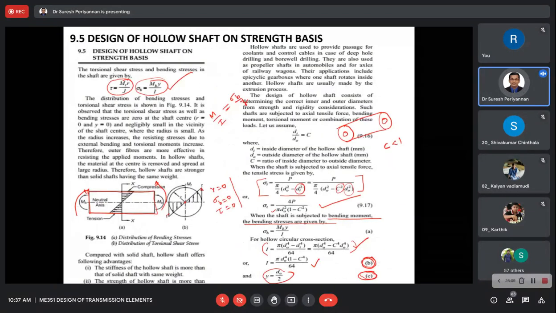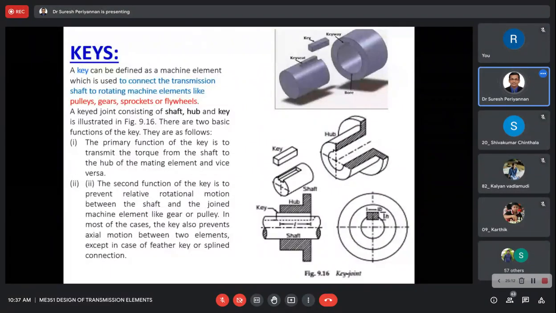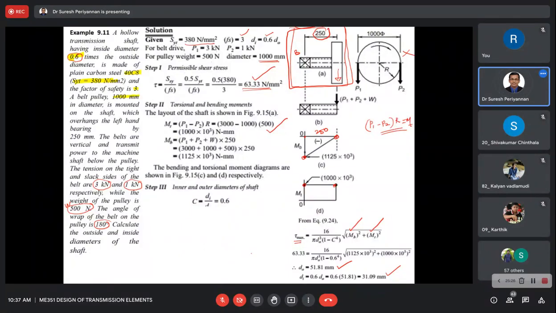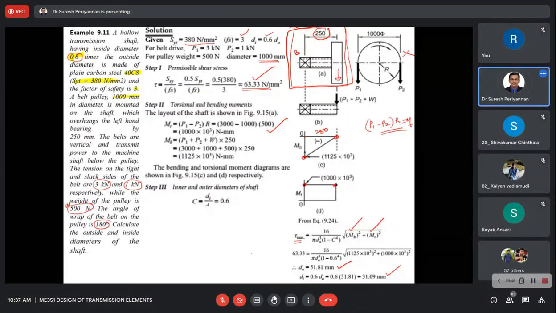Now I come to the next topic, keys. Before entering into keys, I ask you: can you give me an example of where we use keys? In a gearbox, sir. Okay, gearbox also uses a key.